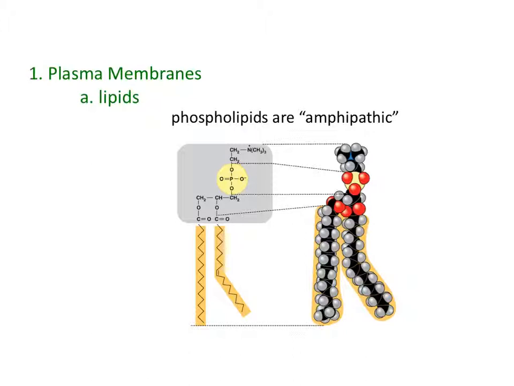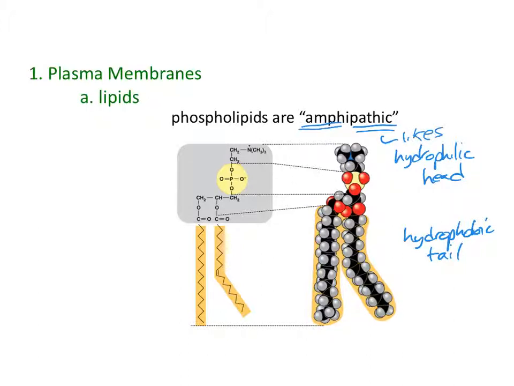So phospholipids are described as amphipathic. Amphipathic molecules have a hydrophilic region. So on a phospholipid, there's a hydrophilic head and a hydrophobic tail. To remember the term amphipathic, pathic means likes.